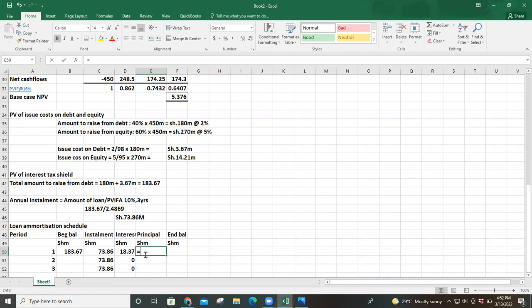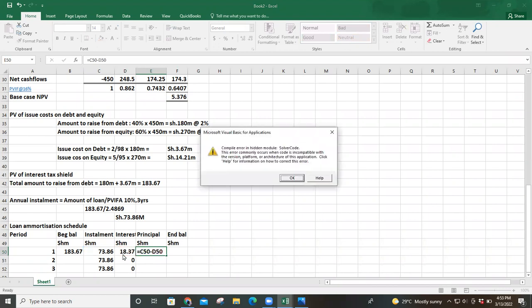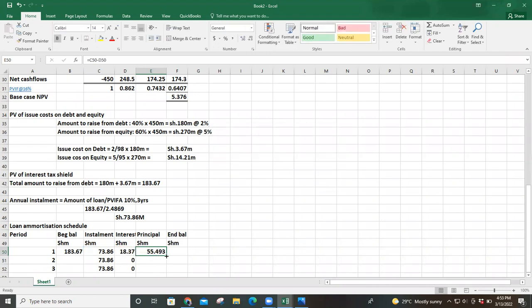This equals the installment minus interest, and it will be the case all through. Then finally the end balance equals the beginning balance minus the principal.